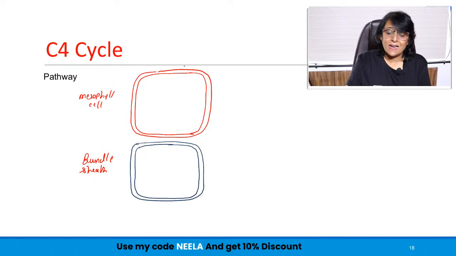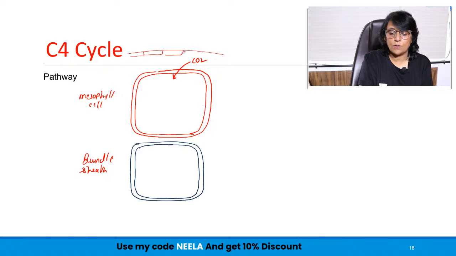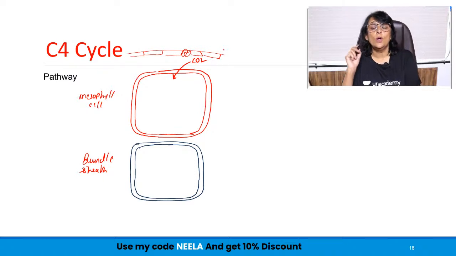Now when carbon dioxide diffuses in, because here there is epidermis and epidermis has stomata, carbon dioxide diffuses into the mesophyll cells. Carbon dioxide has to be accepted.